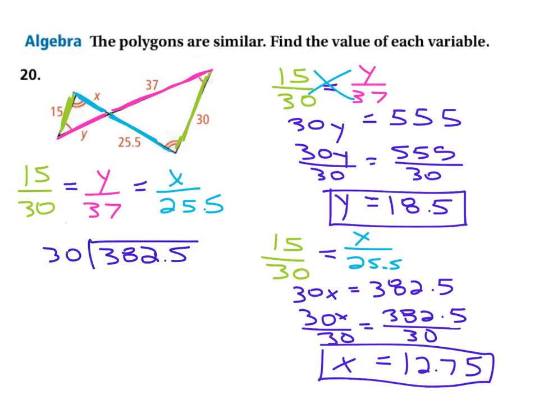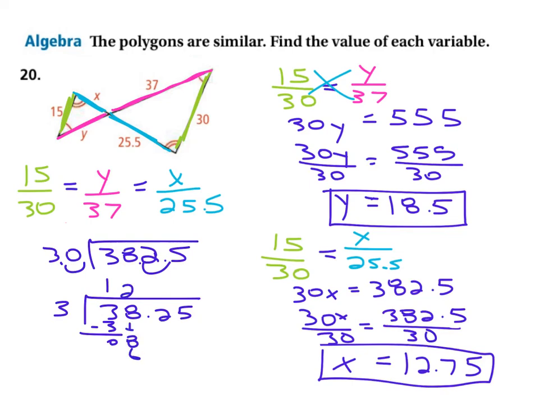Divided by 30, and you can say, okay, I'm going to make this 10 times smaller to make it be 3 instead of 30, and I'm going to make this 10 times smaller as well to make that be 38.25 rather. Okay, and then watch what happens. 3 goes into 3 once, 3 goes into 8 twice, decimal goes straight up, and as you can see, we're going to result in the same number.